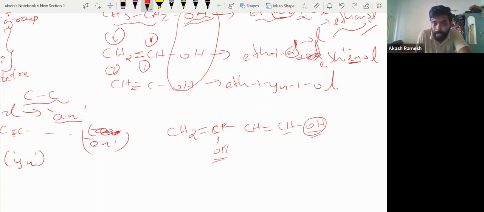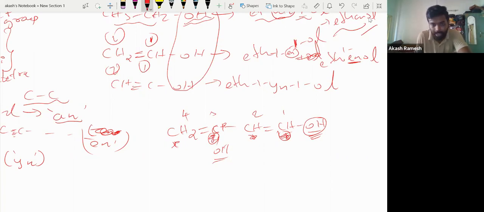So I will start numbering from here. 1, 2, 3, 4. For both the OH, you're getting 1 and 3, right? But if you would have gone like this side, 1, 2, 3, 4, what are you getting? You're getting 2 and 4, which is not correct. You have to get 1 and 3, which is the lowest possible number. So this is not correct. I hope everybody gets this.